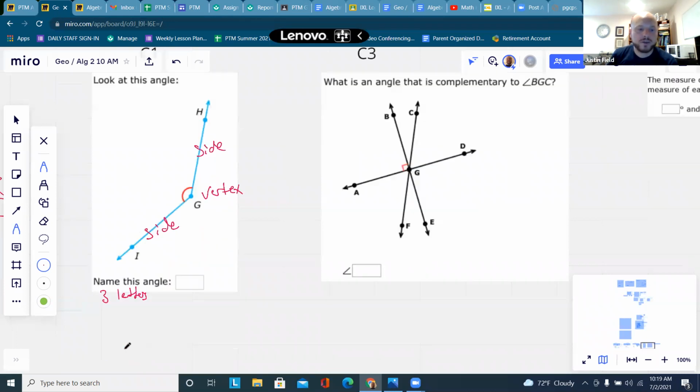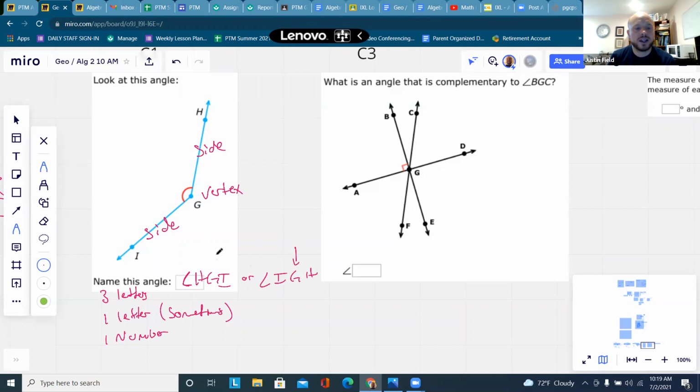Sometimes you can use one letter. Sometimes one number. So this could be named, I think they probably want you to say, angle HGI or angle IGH.